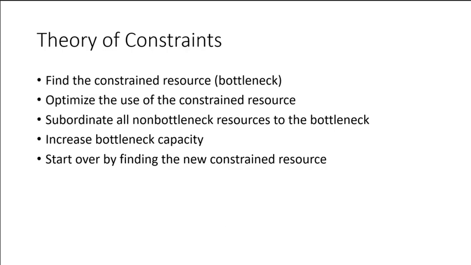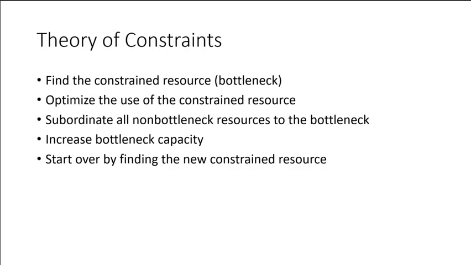So if you want to make things flow faster and use your fixed cost better, you need to optimize that constrained resource. Wherever the bottleneck is, you need to make it as efficient as possible. Figure out ways to make people or product flow through that area faster. Then all of the other areas of the factory respond to the bottleneck. It doesn't do any good to bring stuff to the checkout counter if there's a big long line. That does not speed things up.